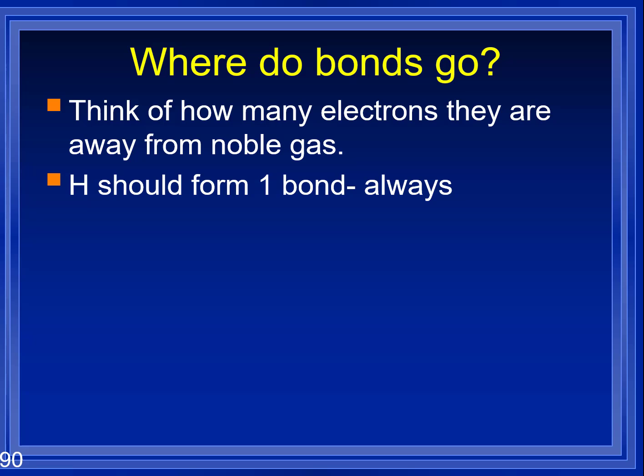H will always make 1 bond. Okay? Because once it gets to 2 valence electrons, it looks like helium, it's done. Hey, oxygen. 6 dots. How many bonds should it form?